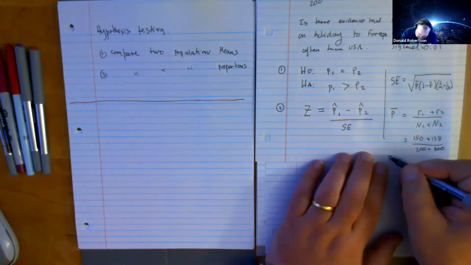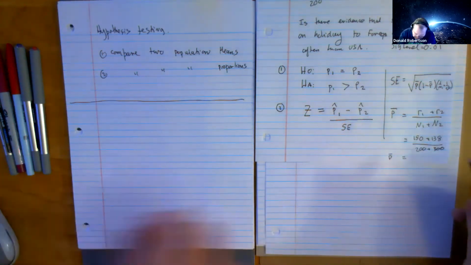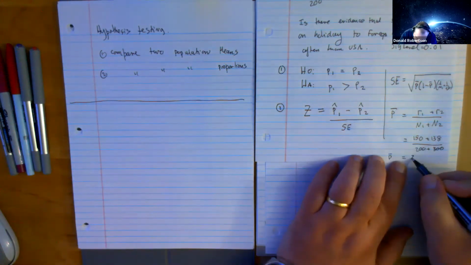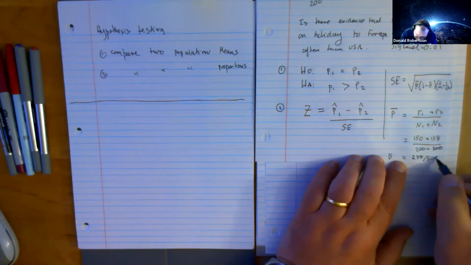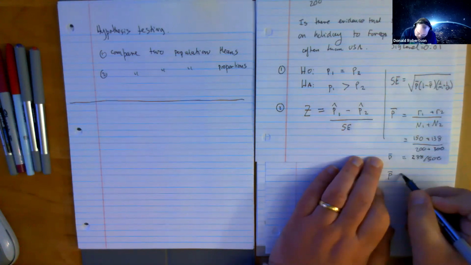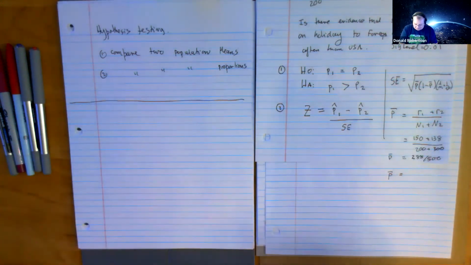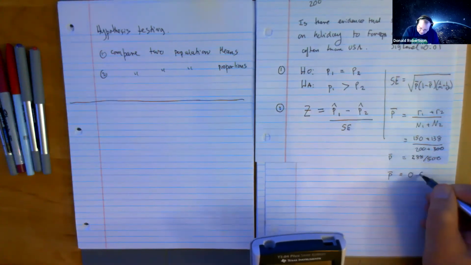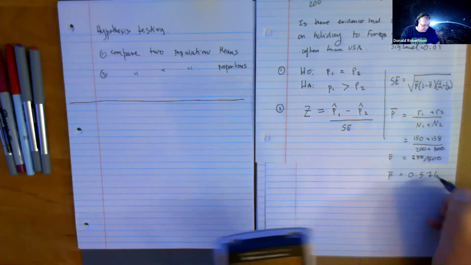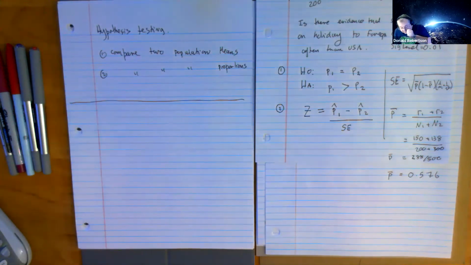So do you see that this p bar ends up being 288 out of 500? This p bar is 288 divided by 500, and that comes out as 0.576.